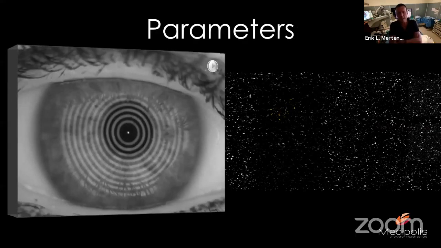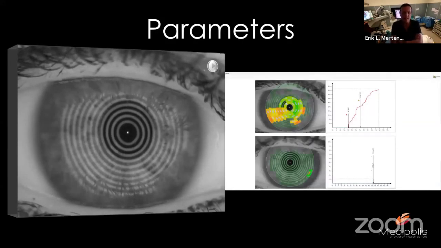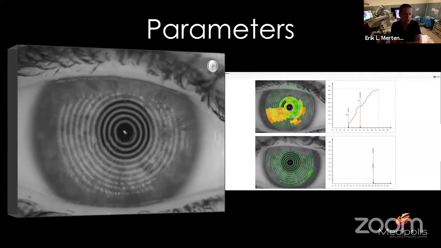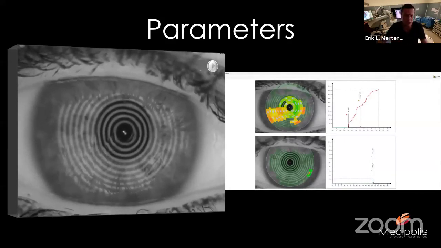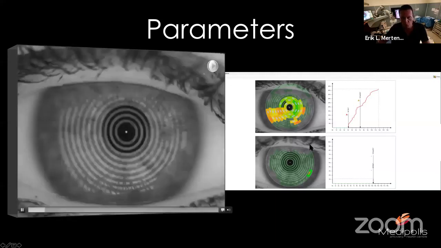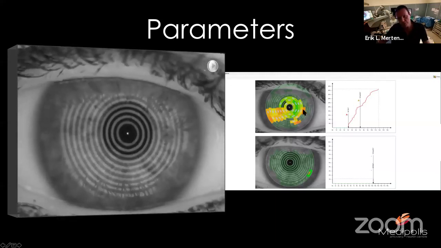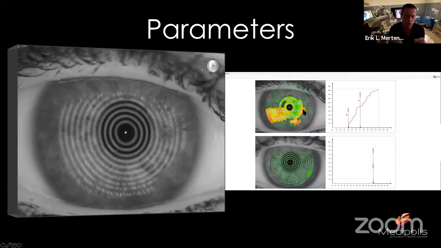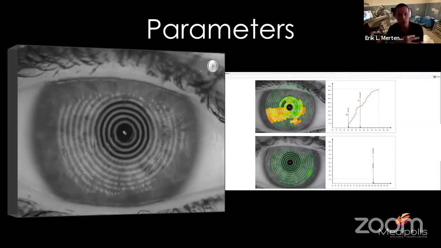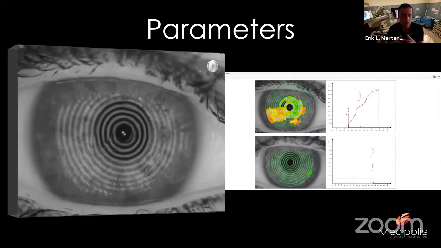The second thing we do is look at the non-invasive breakup time, which is also a very nice feature on this instrument. As you can see here, the breakup time is visualized on the keratoscopy. When you do ICL surgery, one of the main reasons for over or under corrections is an unstable tear film.